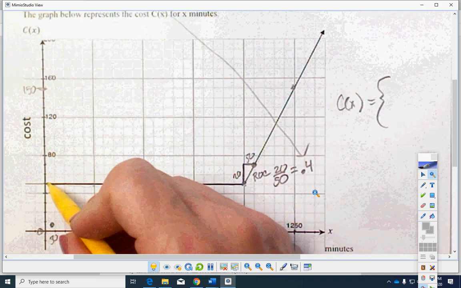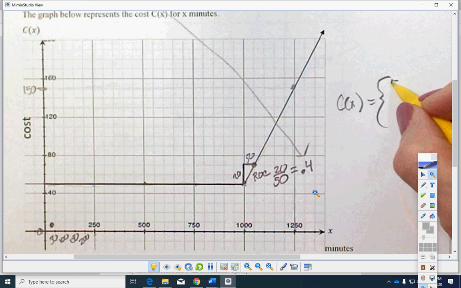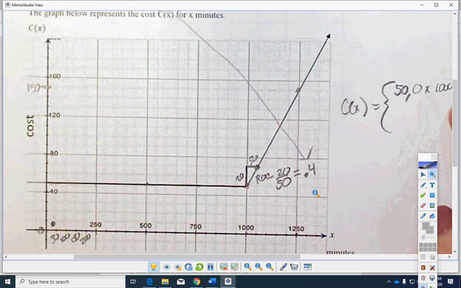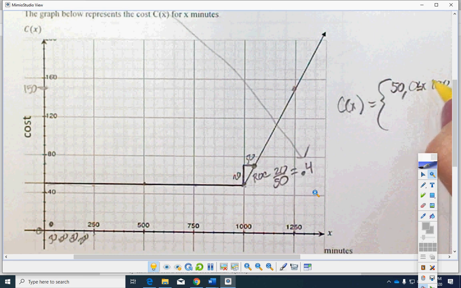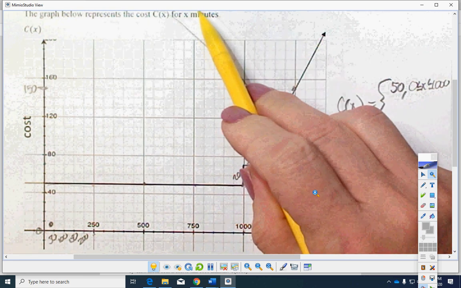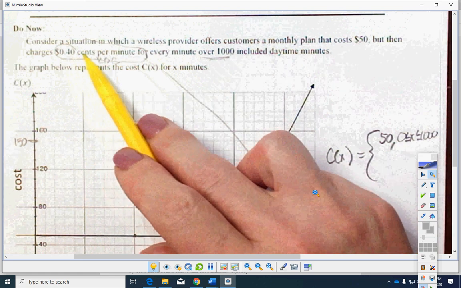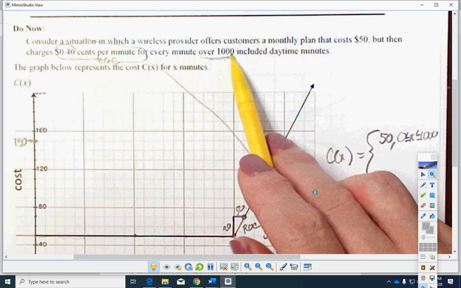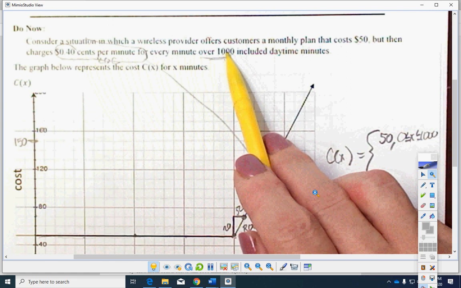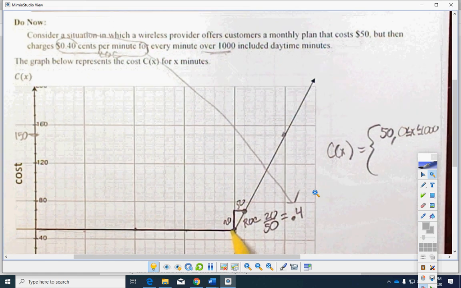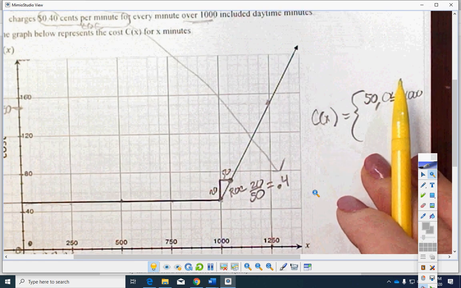The first piece, easy, horizontal line, is at 50 from 0 to 1,000. We're actually going to make it equal to at 1,000 because of these words that it's 40 cents per minute for every minute over 1,000. So this 1,000 must be included in the first piece.